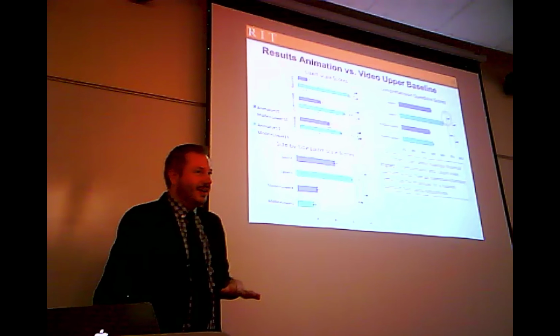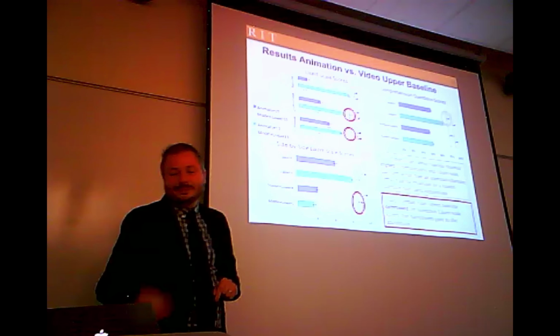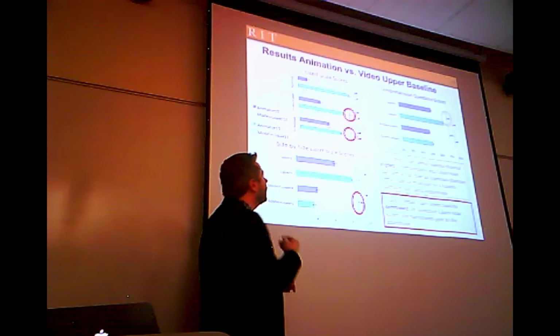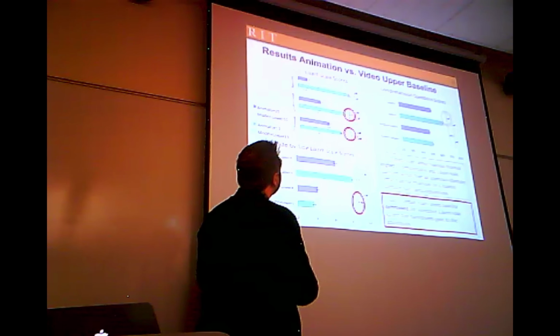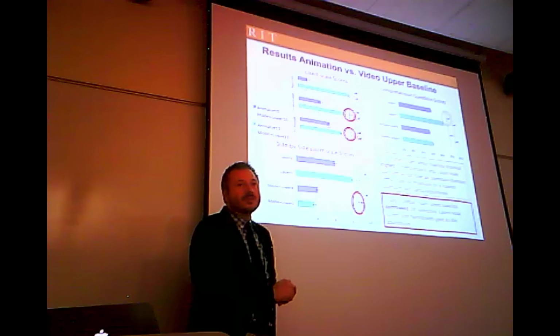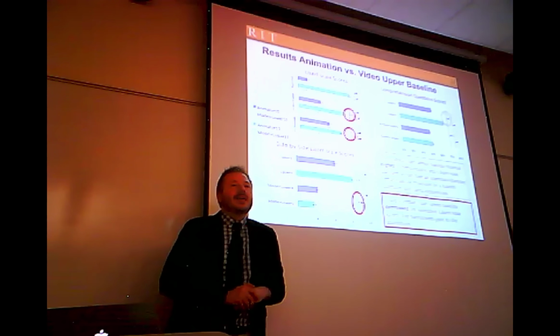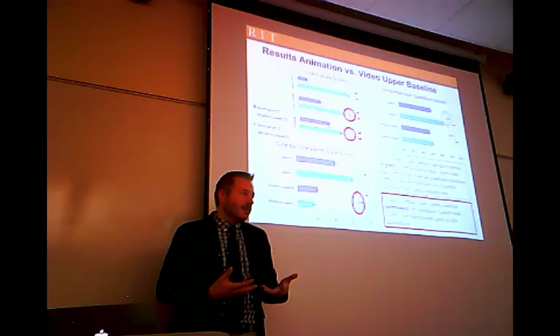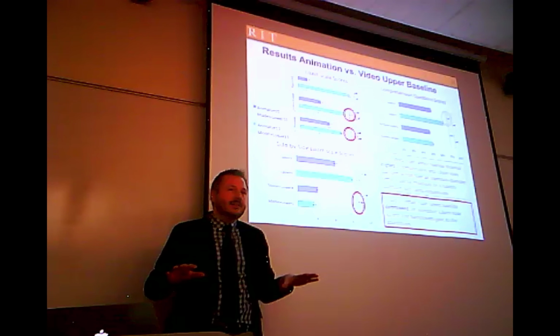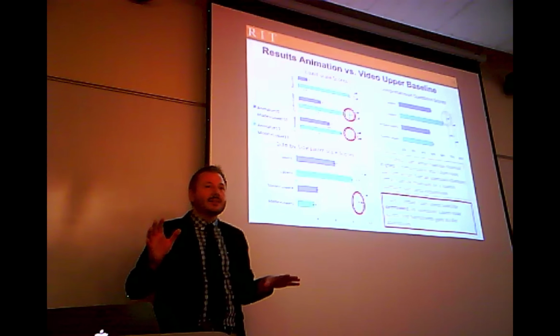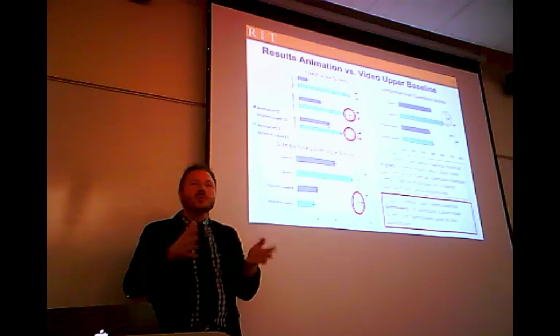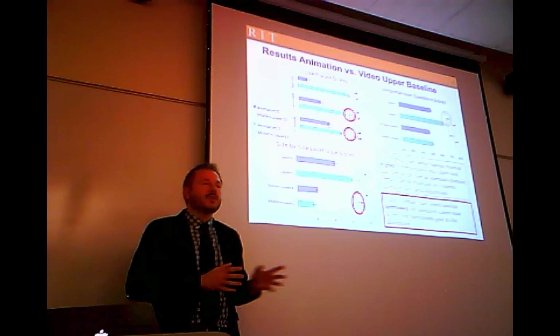But there was another interesting effect. And this is something we noticed in particular when we looked at the subjective scores that people answered on 1 to 10 scales. What we found was, if somebody participates in an experiment and everything they see is an animation, even the upper baseline, they'll give some scores to all of your animations, right?